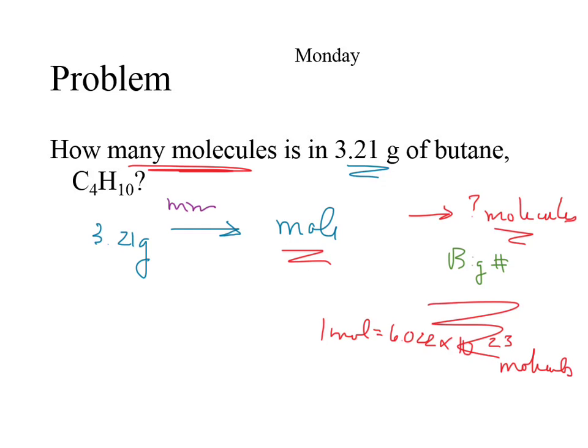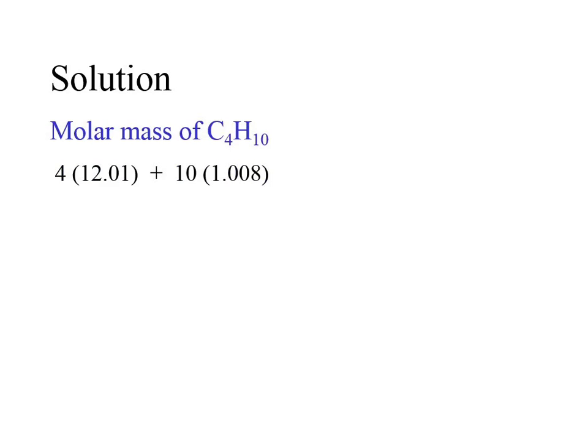All right, so let's do it. Here's what that looks like. So you saw the molar mass. The molar mass fits in right early on. We're going to go from grams to moles. So the molar mass of C4H10 looks like this. We're going to take 4 times the decimal number for carbon, 4 times 12.01, plus 10 times 1.008.